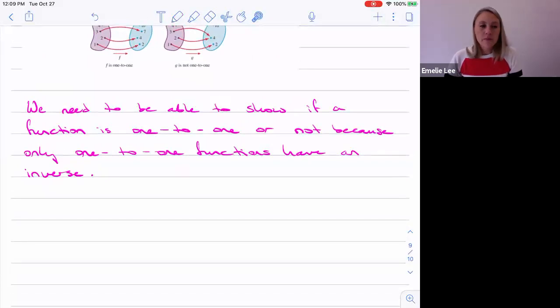So we need to first be able to show that something's one-to-one, and then we'll be able to find the inverse. So that's what we're getting to later today.